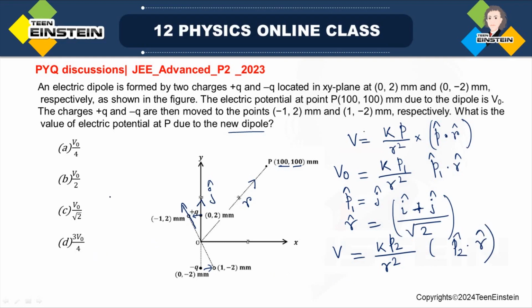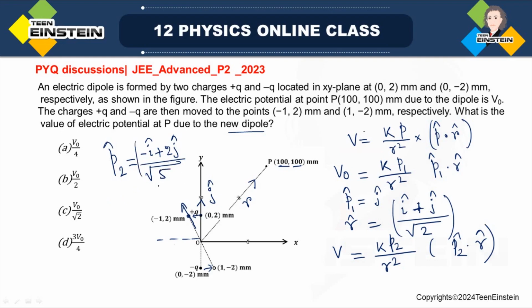What is P2 cap? Let me write it here. I have got the coordinates of this point, let us say this point. So we know this is minus i cap plus 2j cap, divided by square root of 1 square plus 2 square, that will be root over 5.